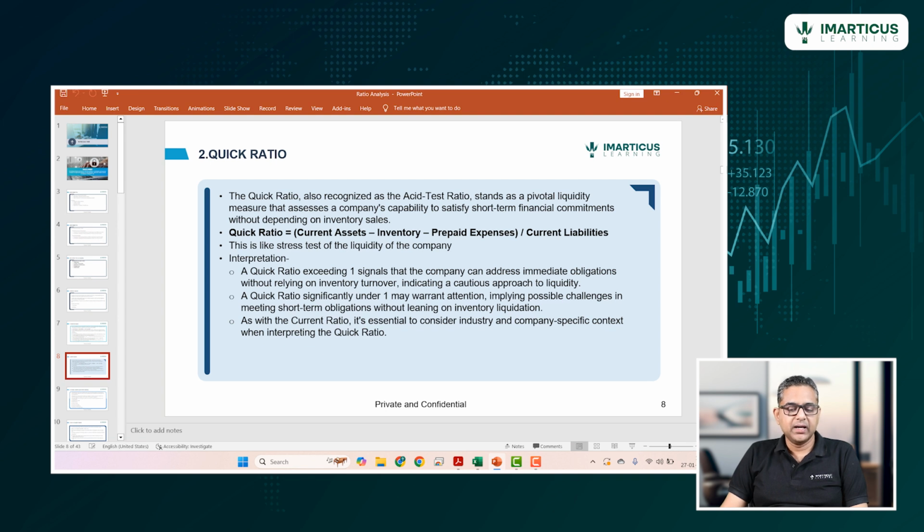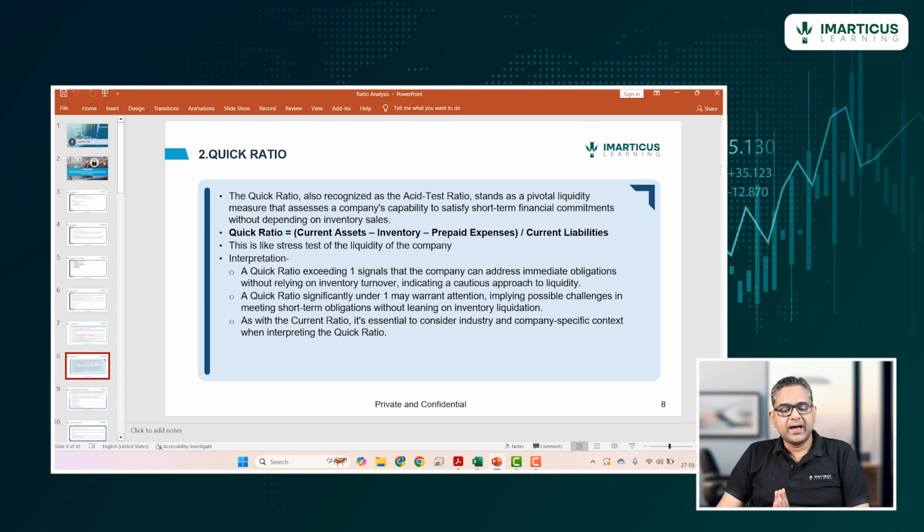So if the quick ratio is significantly less than 1, the company may have to rely on liquidation of inventory. They have to convert the inventory into cash so that they are able to meet current liabilities, right? So closer to 1 or slightly higher than 1 is what would make the company comfortable in meeting its current liabilities.